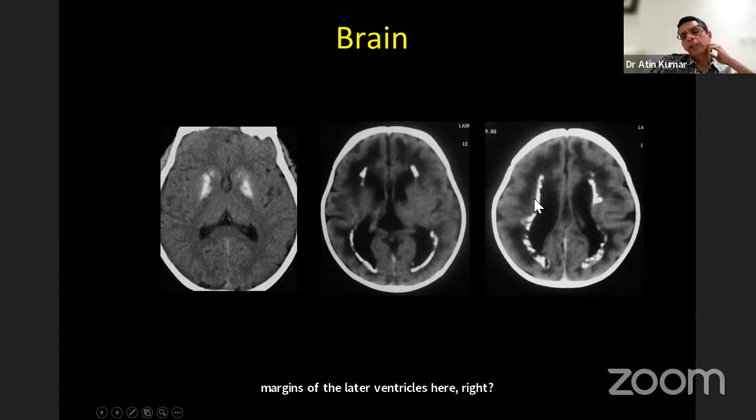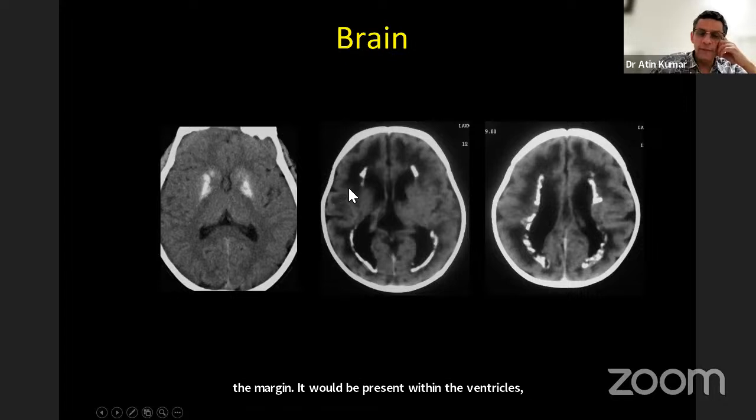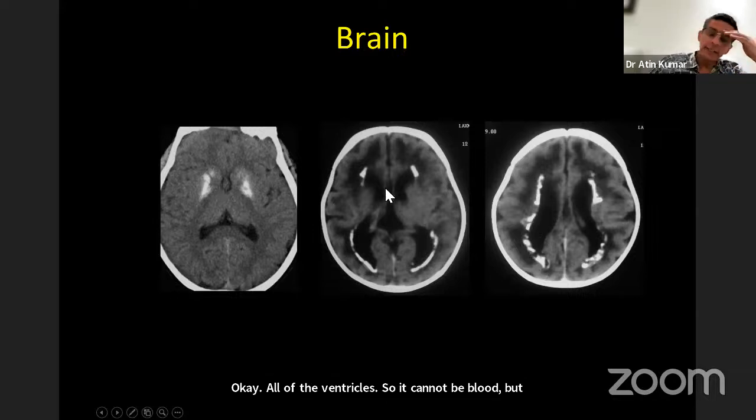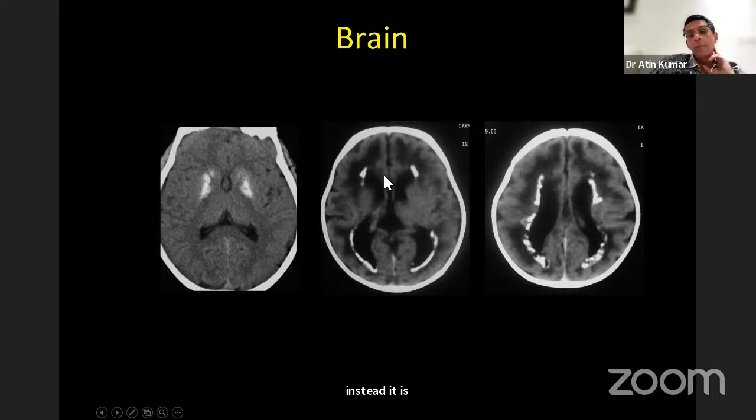So is this blood or is this calcification? If it was intraventricular blood, it would not be at the margin. It would be present within the ventricles, but this is not within the ventricles. This is at the wall of the ventricles. So it cannot be blood, but instead it is calcification. It is hyperdense. So calcification at the ventricular margins with some abnormal white matter density.